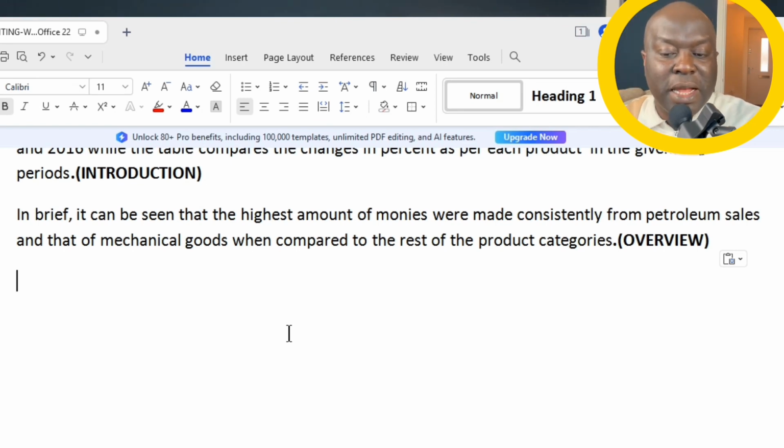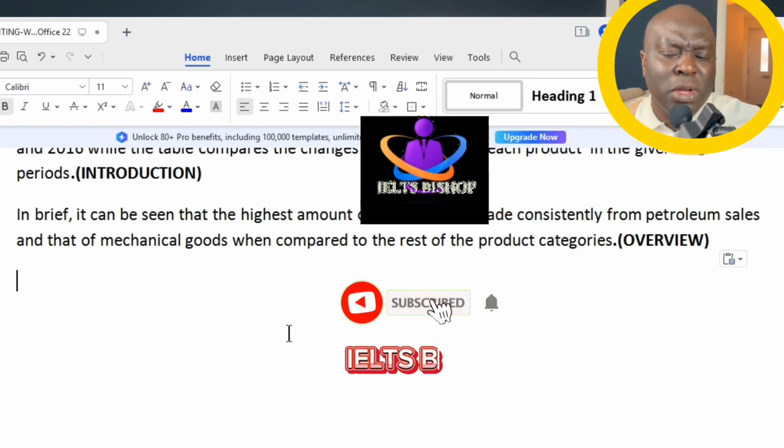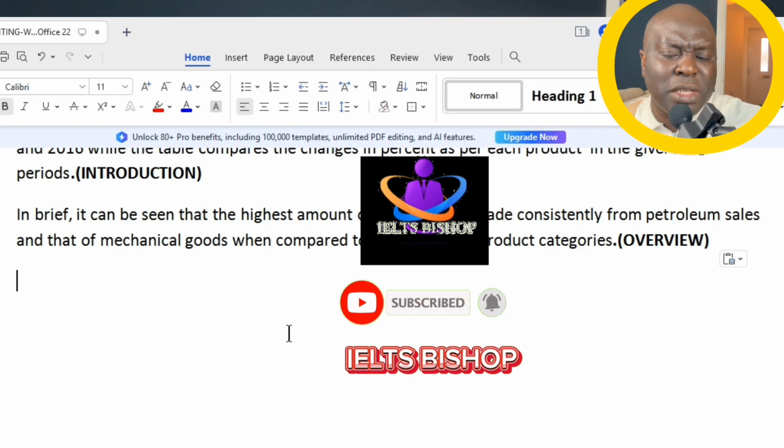It can be seen that the highest amount of monies were made consistently from petroleum sales and that of mechanical goods when compared to the rest of the product categories. I said were made. Remember, this happened in 2015 and 2016. Now, this overview did not start talking about something that happened only in the table. The table is just part of the bar graph, so I did not discuss it differently.